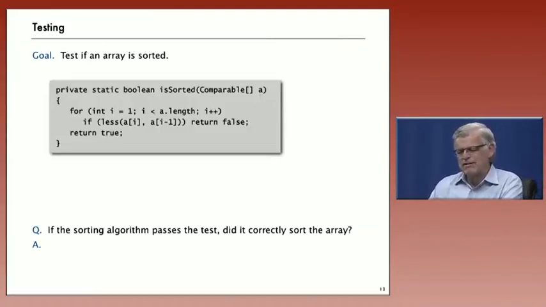If you have a sort method that can store any values in an array, it could, for example, store zeros in every array entry. That method would pass this test, but it didn't really correctly sort the array because it overwrote all the values. So we use less and exchange to be sure that we can test that our methods work with a method like this.